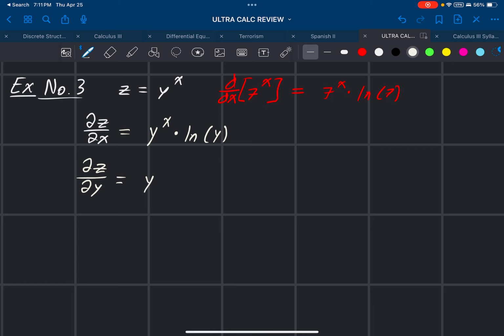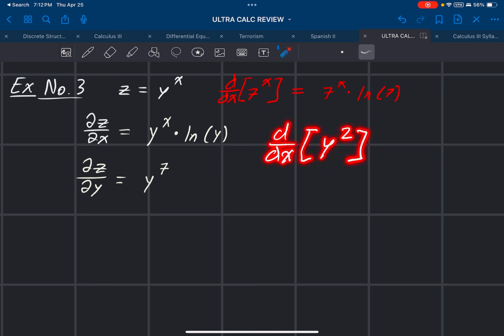So x becomes like a constant. So x is like 7. I'm sorry I keep on using 7, but let's just say that x is 7. When you take the derivative of, let's say, y to the second, there shouldn't be an x, whatever. This would just be 2y, right?